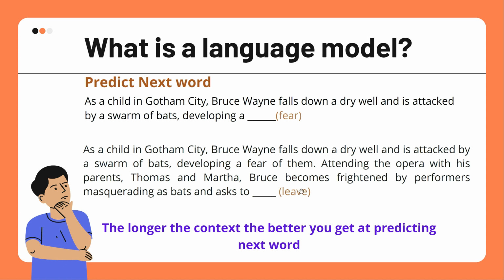And a language model is exactly the same. It is trained to predict the next word. But the beauty is that since it can take into account all the previous context that came before to predict the next word, the next word that is predicted is not random and it makes sense linguistically.